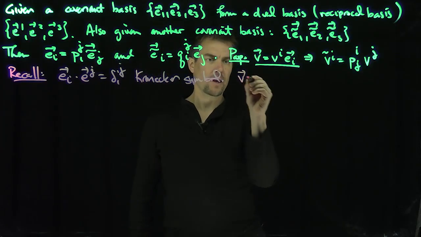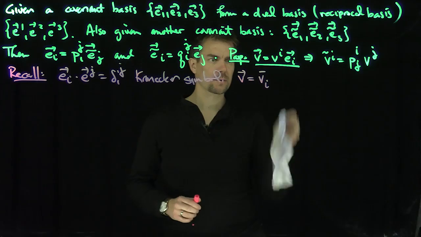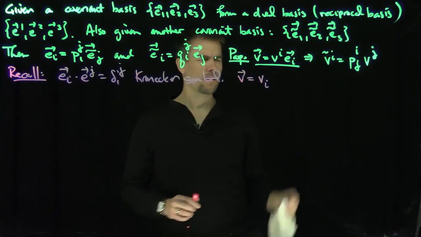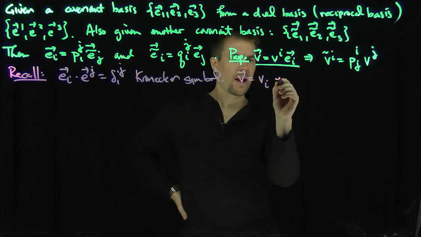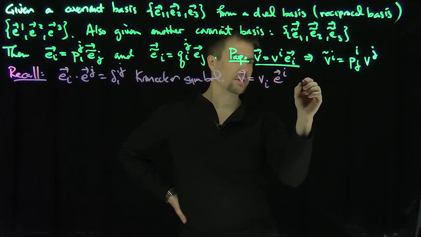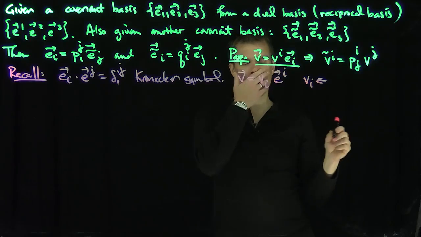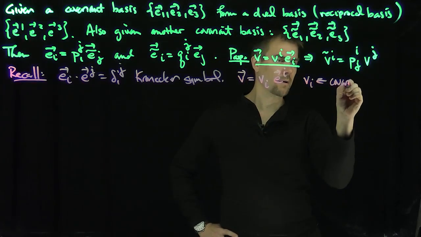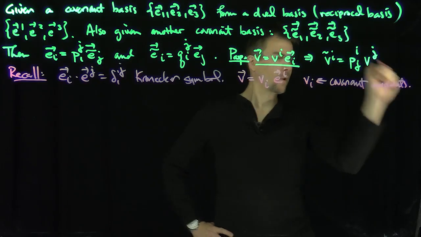So vector V is also equal to Vi lower now. So these are Vi lowers, like that. These are called the covariant components of a contravariant vector, and then Ei upper like that. So these Vi's are called the covariant components of the vector.